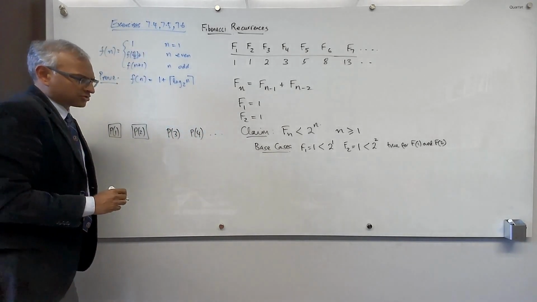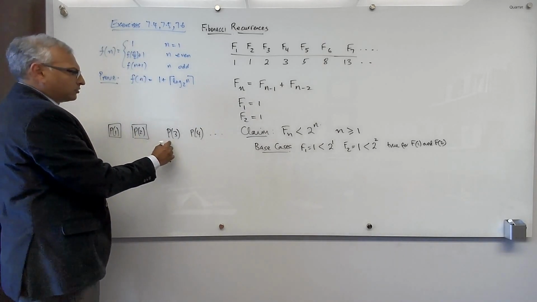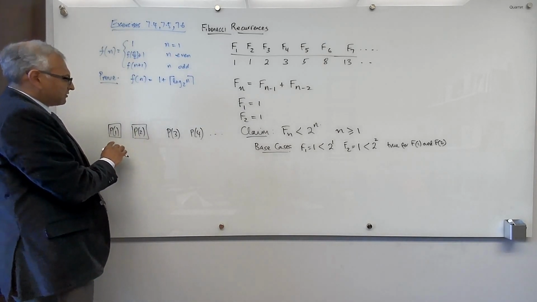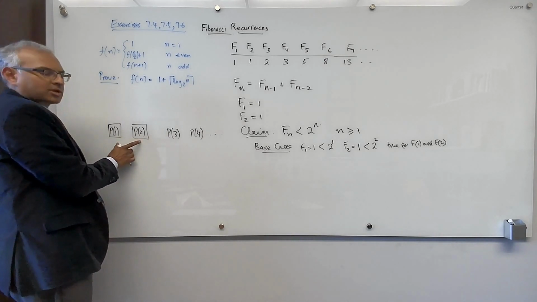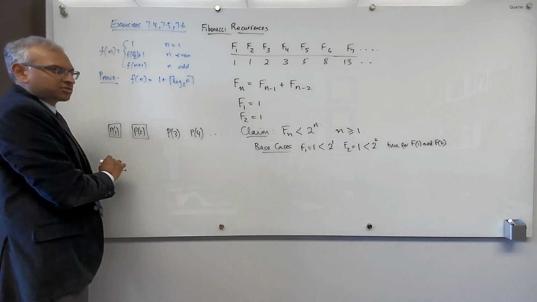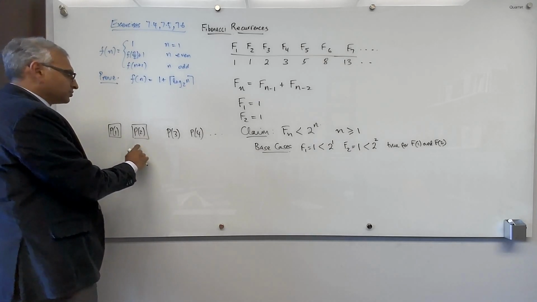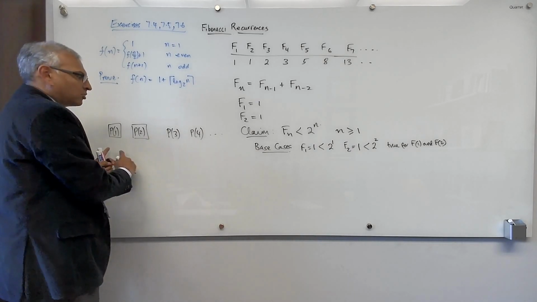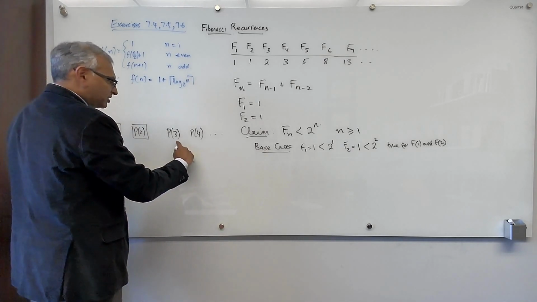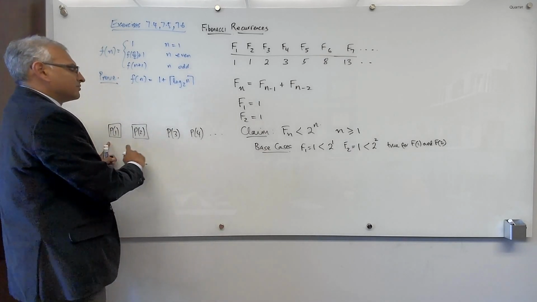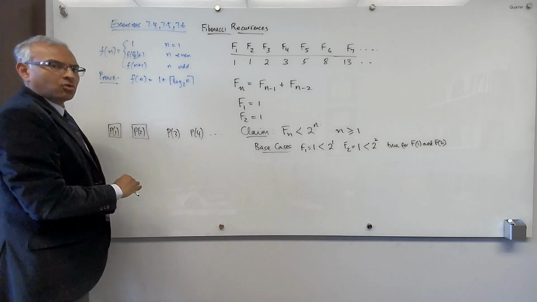In the strong induction hypothesis, if I can show that if the claim holds for 1 and 2, it implies 3, and I have 1 and 2, then I can infer 3. And then if I show that if it holds for 1, 2, and 3, then it implies 4. That's the strong induction method. If I can assume that it's true for all these and conclude that it's true for 4, then I'll be able to infer 4, and so on.